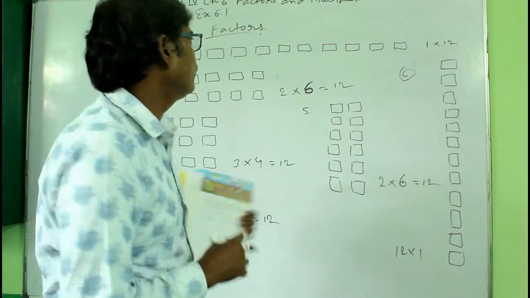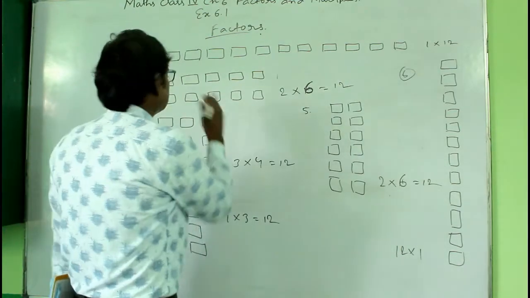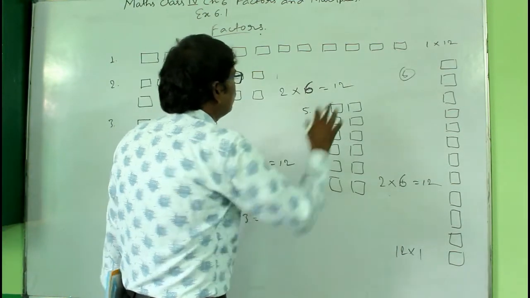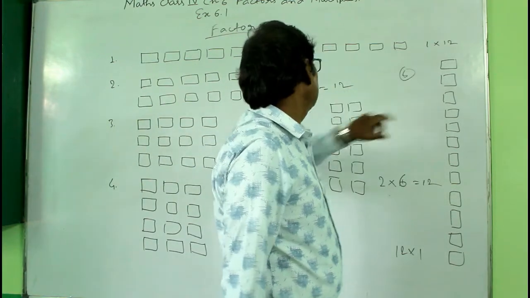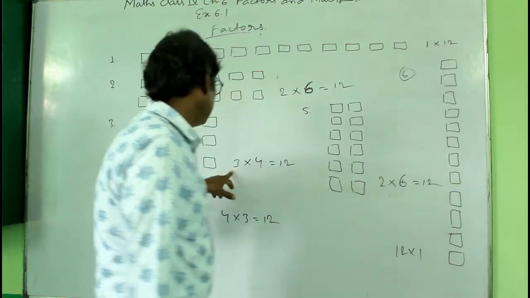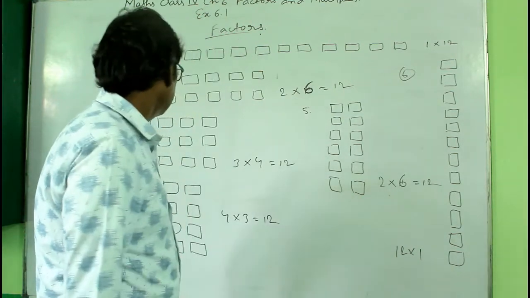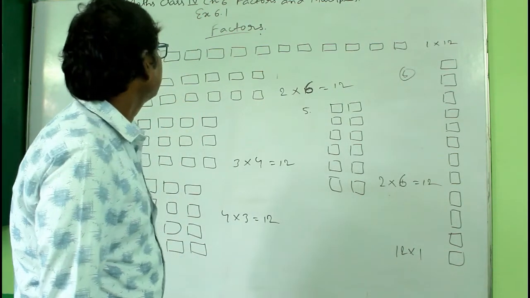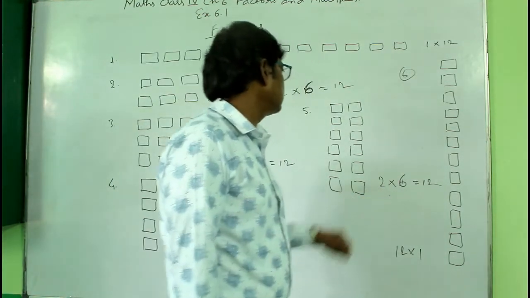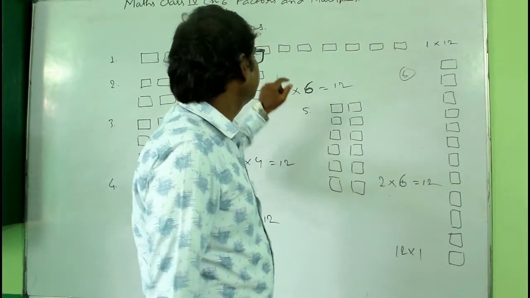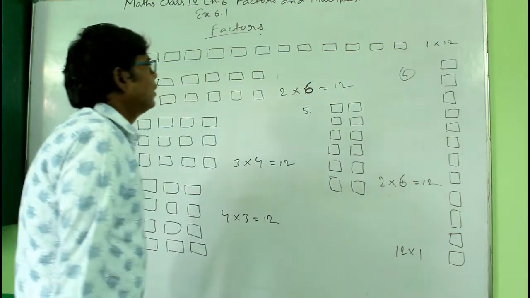What do you see here? In the first case you have only 1 row, here you have 2 rows, here 3, here 4. In this case you have 1 row but 12 columns.